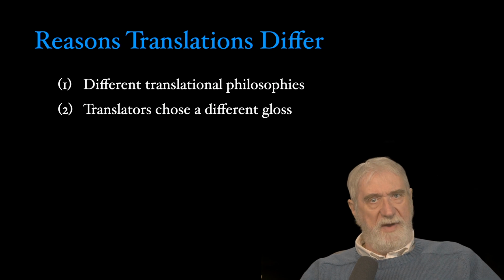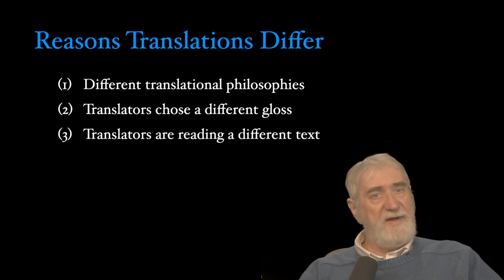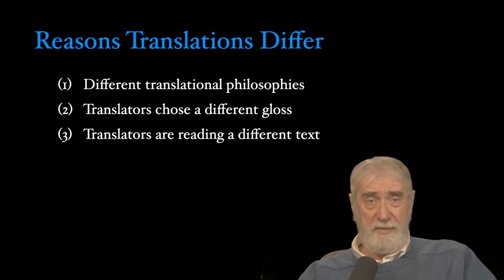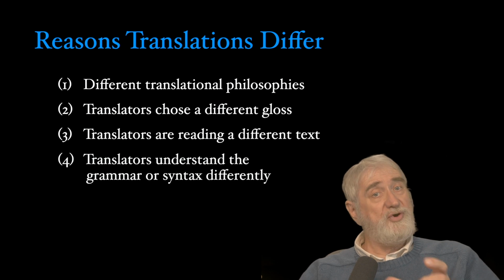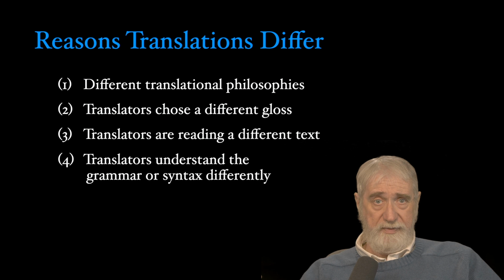Another reason that translations differ is that the translators are actually reading a different text. That is to say, they disagree about which words actually belong in the original biblical text. Another reason that translations differ is that translators actually understand the meaning of the grammar or syntax differently.